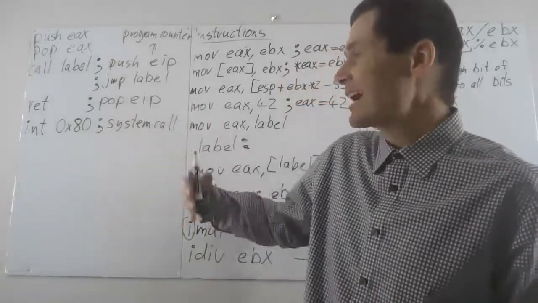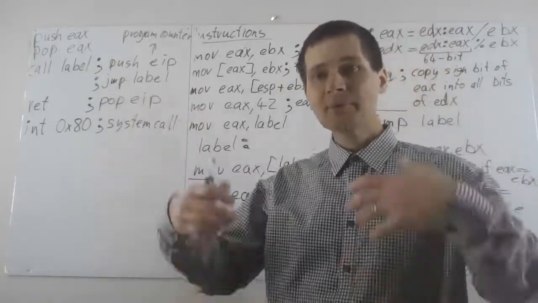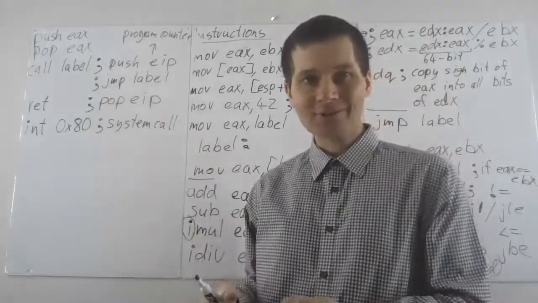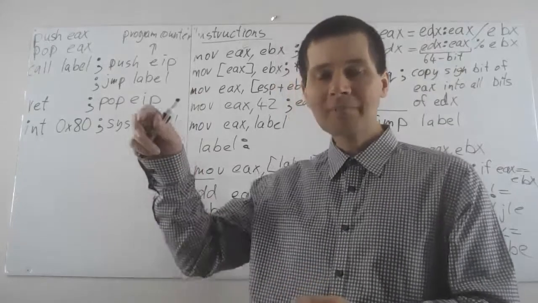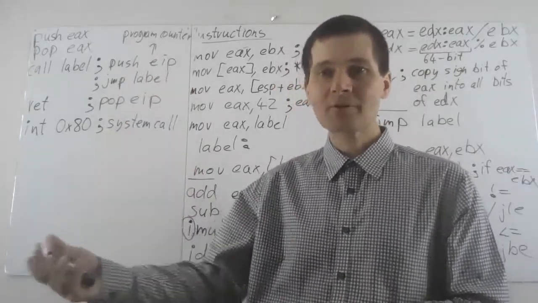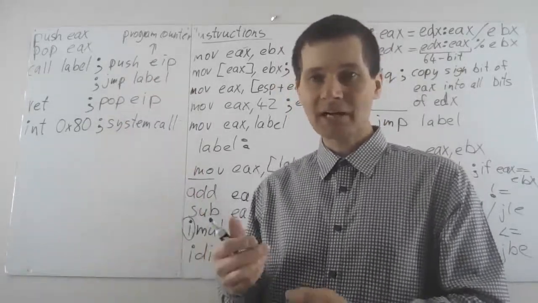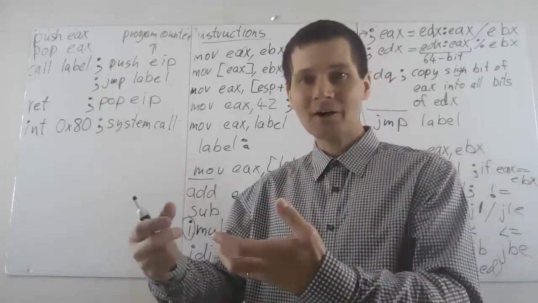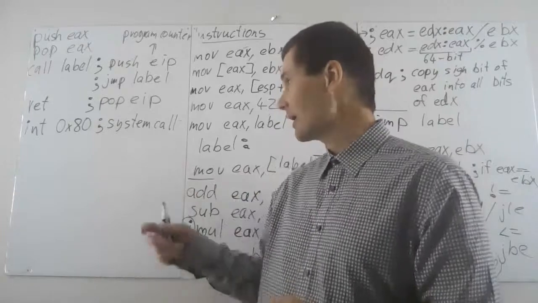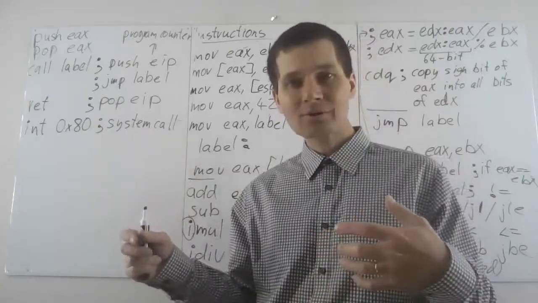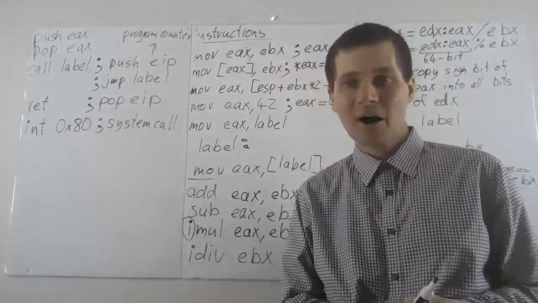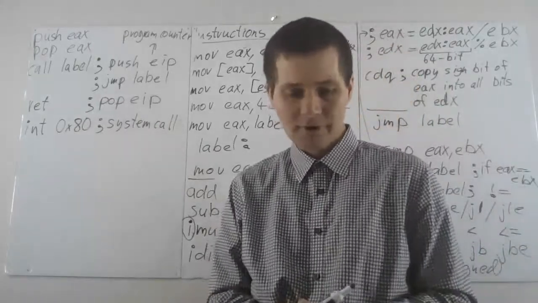And the way you tell it what you want to do is by putting the appropriate values in various registers. Okay, so in some of the links from the course website, there's a reference guide to the various system calls in Linux, at least. So you know the various operations that you can ask the operating system to do for you.